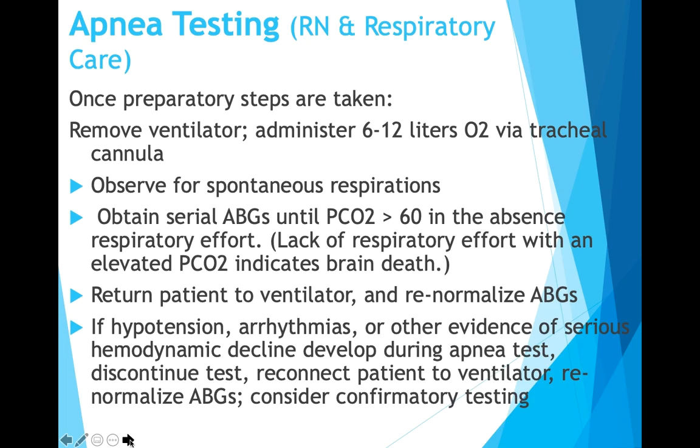Again, once this test is done, and if you're able to complete it, and once that CO2 is greater than 60 and the patient does not have a respiratory effort, this is a confirmatory test, and the patient can be confirmed as dead at that time.